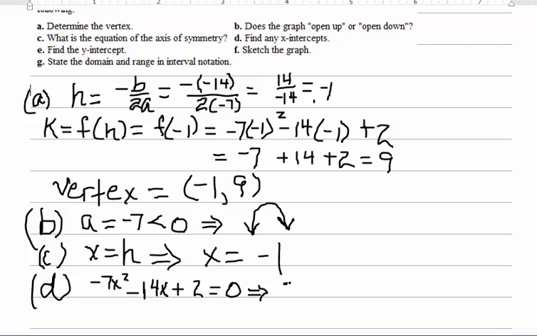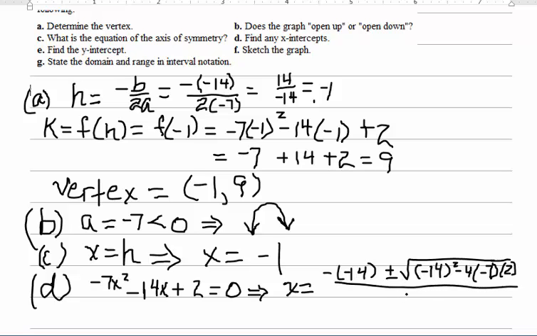the quadratic formula. X equals negative b, negative 14, negative 14, plus or minus the square root of b squared minus 4 times negative 7 times 2, all over 2 times negative 7.